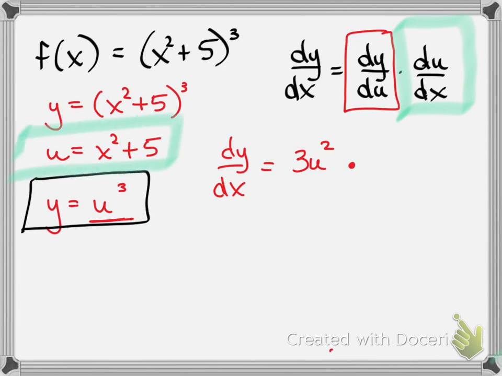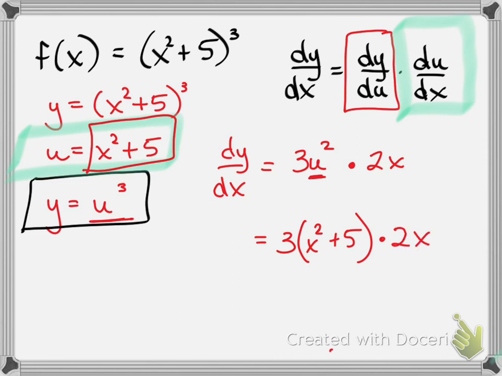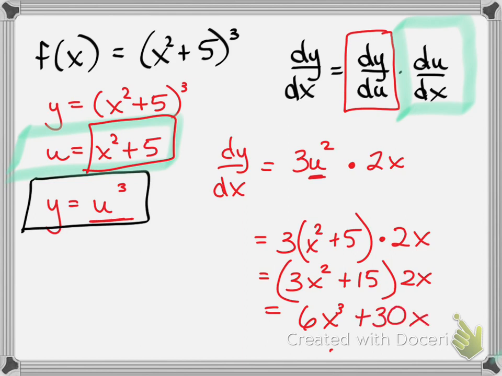Well, that's this. This is u defined with x. So the derivative of u with respect to x is 2x. And then the last thing we need to do, instead of calling this u, let's go back and write what u is equal to. So that is 3x squared plus 15 times 2x, which is 6x to the third plus 30x.